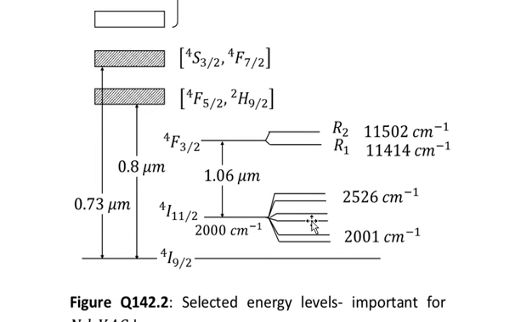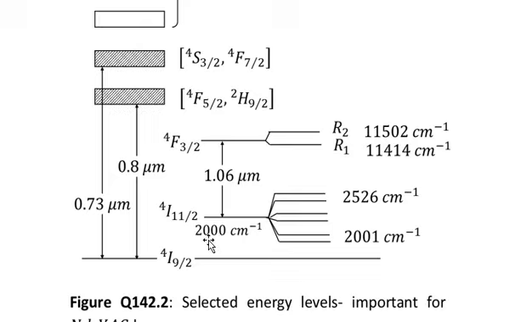So these levels will be explained. The wavelength emitted through the transition from 4F3/2 to 4I11/2 is 1.06 micrometer. And these numbers have also been shown in centimeter inverse, which is 1 over lambda, where nu over c is equal to 1 over lambda.